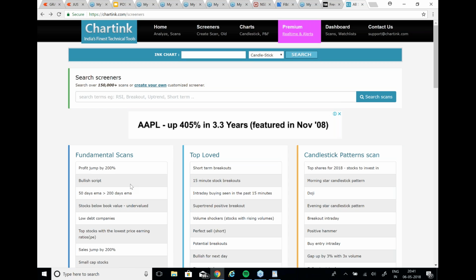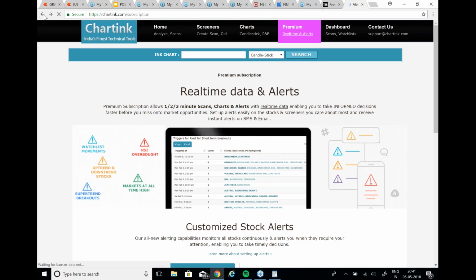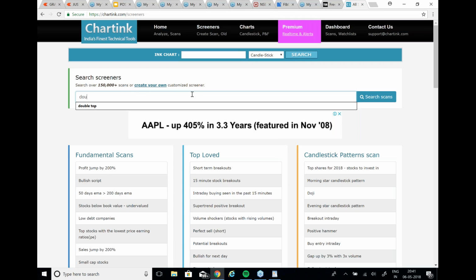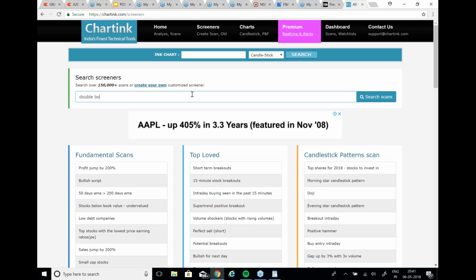I'm going to explain this in detail. This is a chart screener, right? Go to the screener, and we want to search a double top, double bottom, let's say, and search the scans.